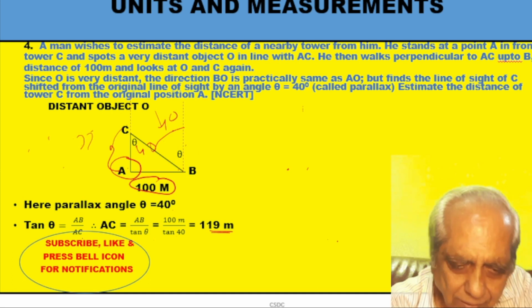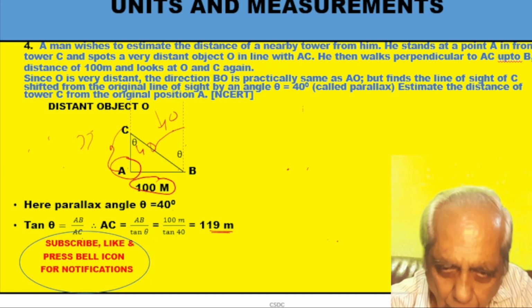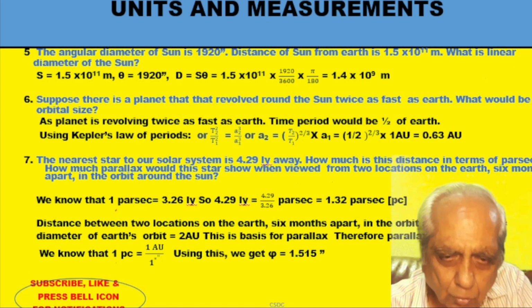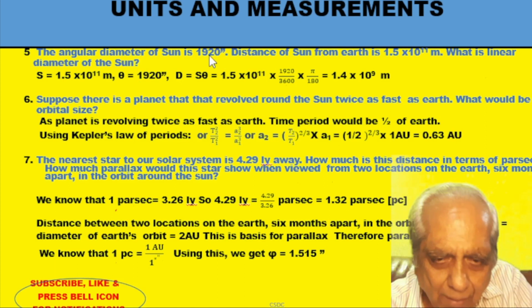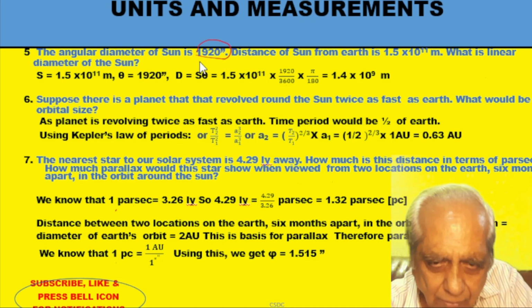Okay. So now we go to the next question. The angular diameter of the sun is 1920 seconds. We have done a similar sum.